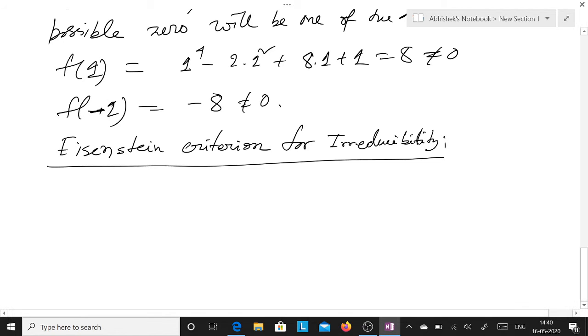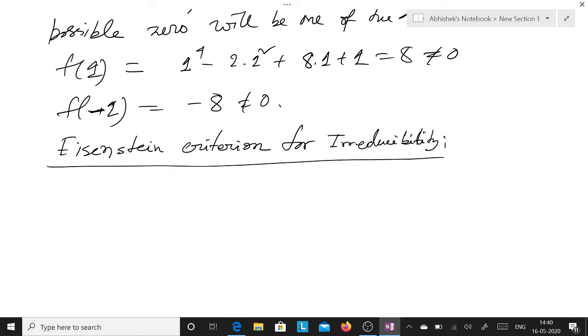But one thing that I must specify, that the choice of the prime is not very much handful to us, because sometimes it will work, sometimes it will not.